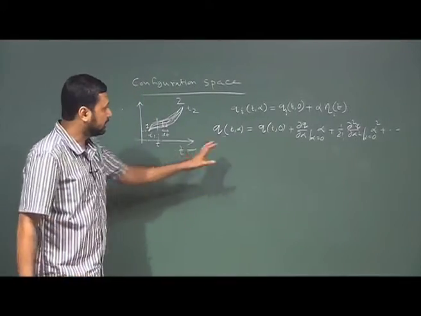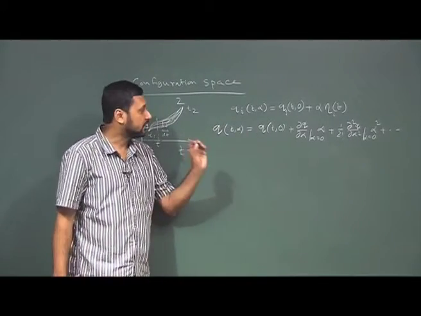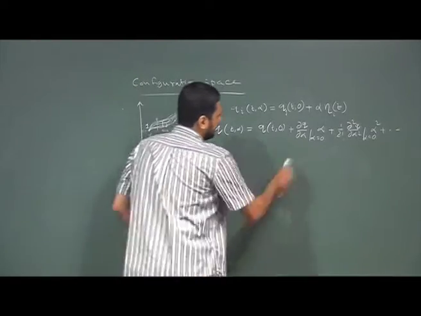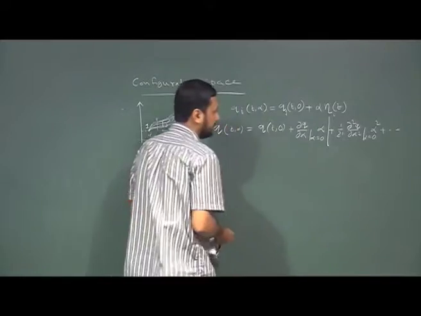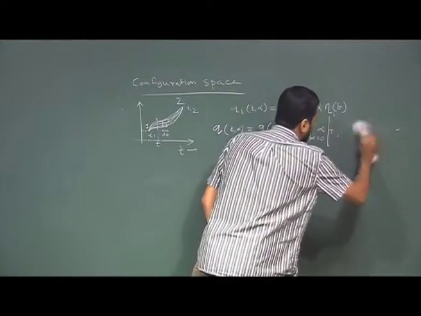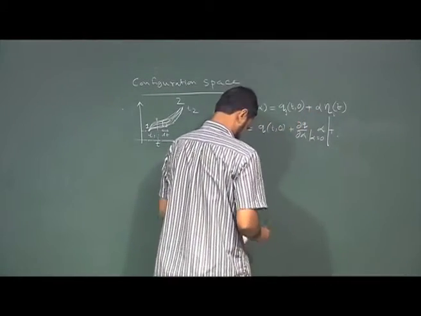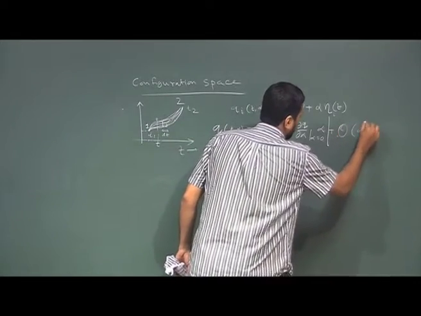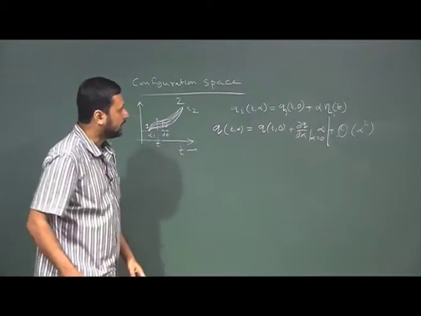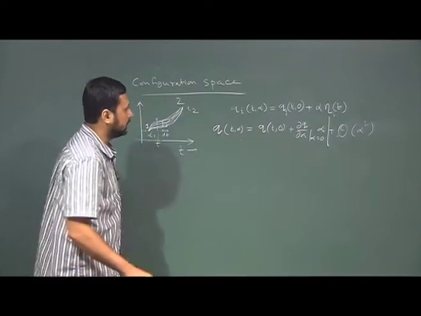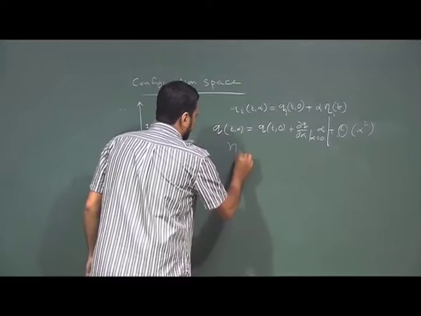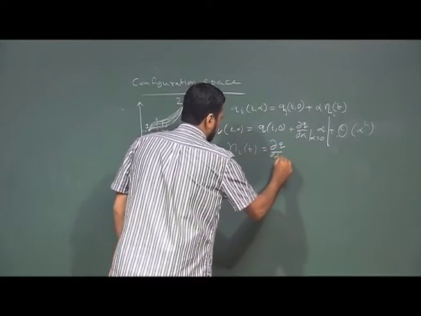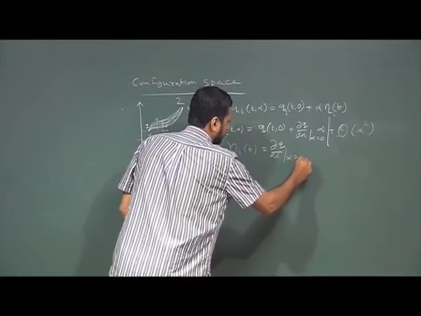This is a standard Taylor series expansion. Because alpha is an infinitesimally small parameter, we essentially truncated this here and ignored any term of order alpha squared. Comparing these two equations, we see that eta_i(t) is nothing but del q by del alpha at alpha equal to 0.